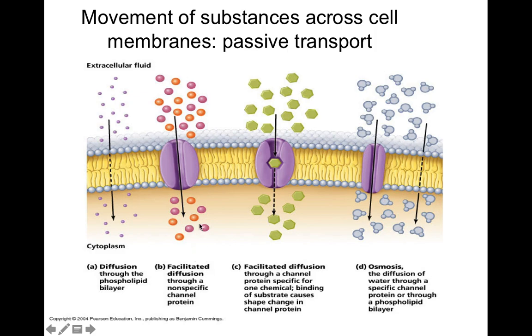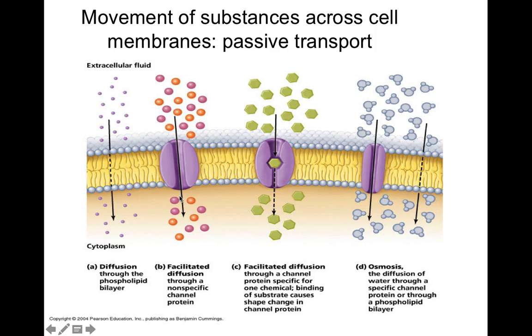Facilitated means to help, so we have a membrane protein helping. This is real simple. It looks just like a little water-filled channel, and our large hydrophilic molecules, if they have the right size, charge distribution, and shape, can pass through this water-filled channel from one side to the other.